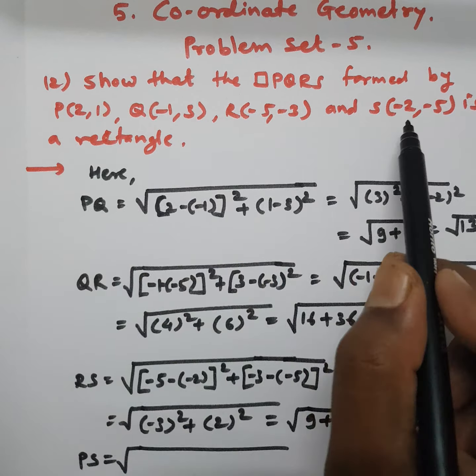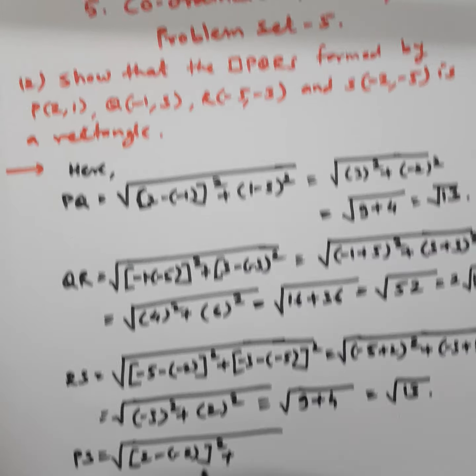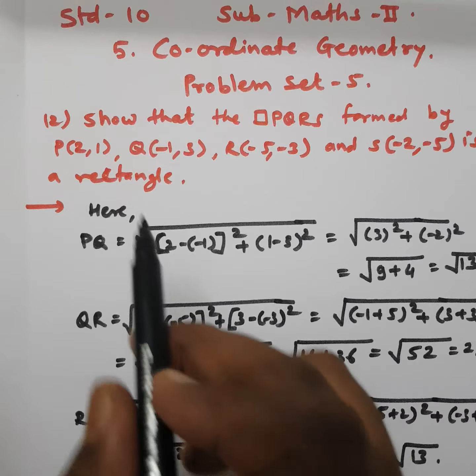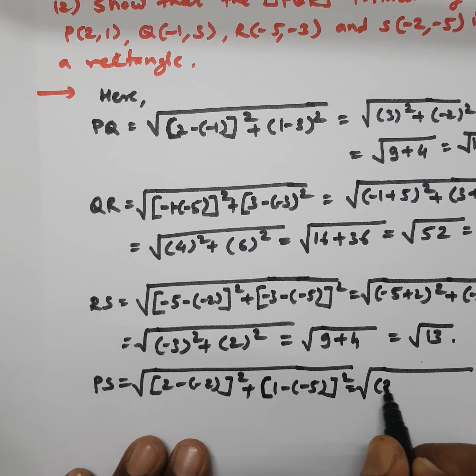PS is equal to (2 minus -2) square plus (1 minus -5) square, is equal to (2 plus 2) square plus (1 plus 5) square, is equal to 4 square plus 6 square, that is 16 plus 36.